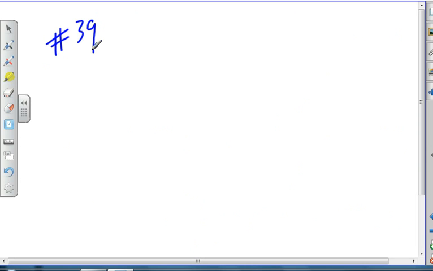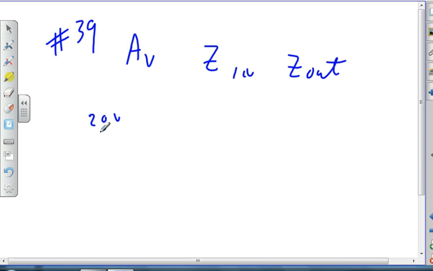Determine Av, the voltage gain, the Z in and the Z out, 2164. All right, so I got 20 volts. I got 2 resistors: 9.1 meg, 4.7 meg.